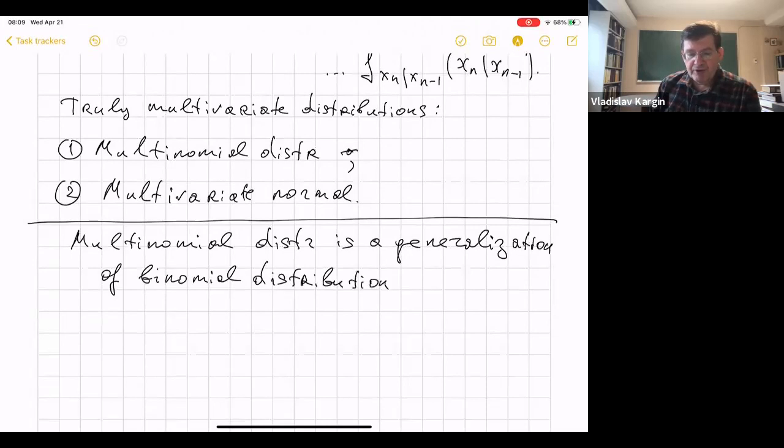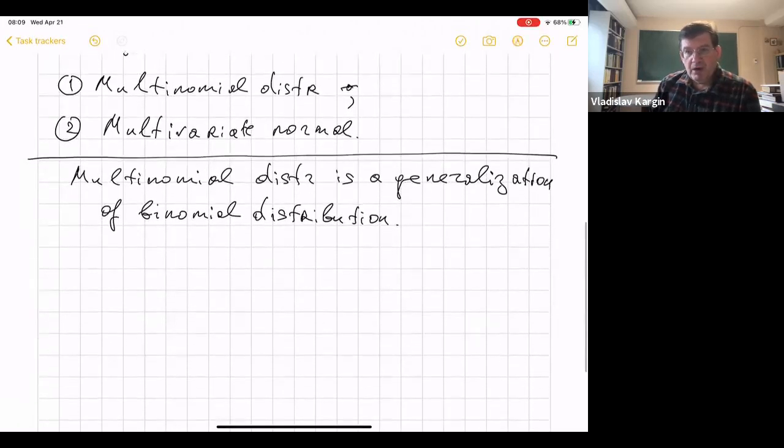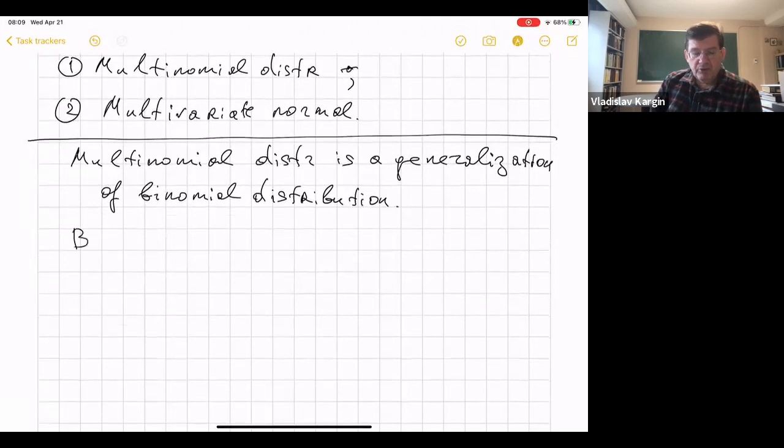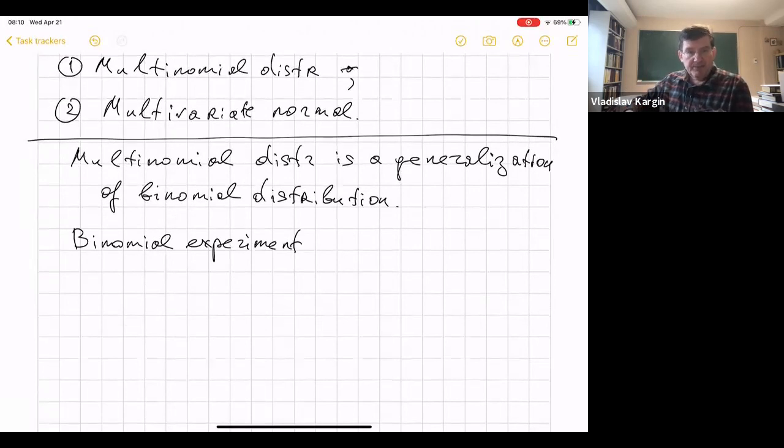So let us recall what the binomial random variable was. We had a binomial experiment. Its basic example is that you flip a coin, toss a coin and see whether it's a head or a tail. More generally, you do independent trials, something like flips of a coin, and check whether the result of each trial is a failure or success.